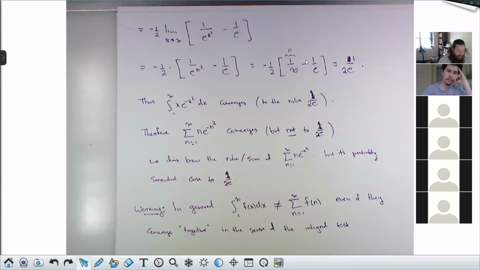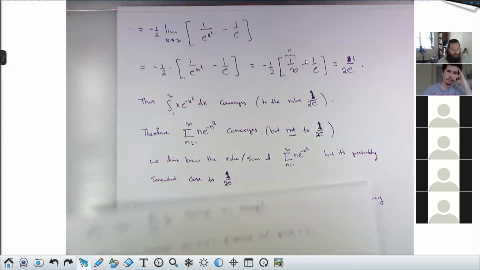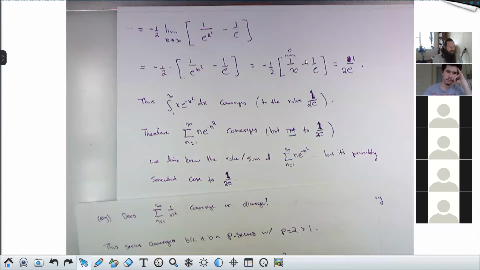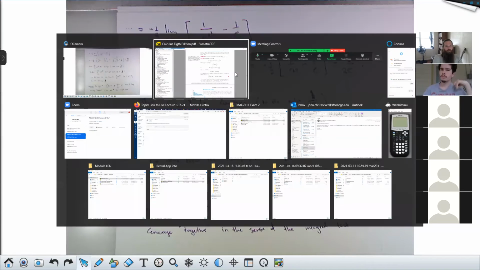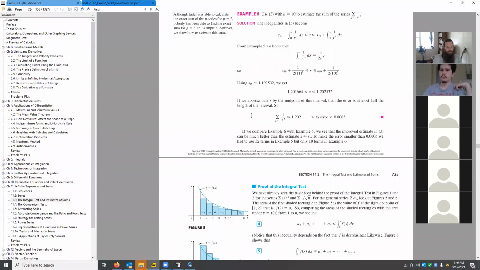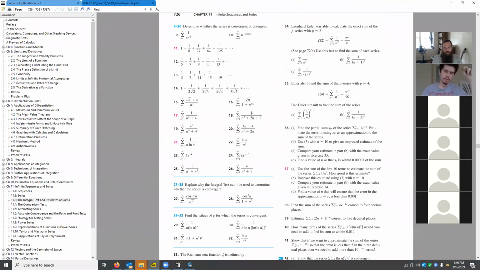That is all we have time for today. There is a new homework up for you, and I want you guys to get started on that. It's not terribly hard, but it does include things from both 11.3 and 11.4. So the 11.3 stuff, that's what we talked about today. It's the integral test. There are some problems that I wanted to work with you that we haven't had time to work just yet.